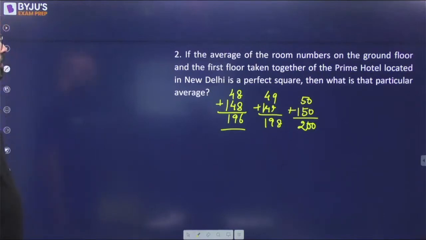Right? So are we talking about the ground floor average, or the first floor average, or are we talking about the sum of those two? If the average of the room numbers on the ground floor and the first floor taken together.